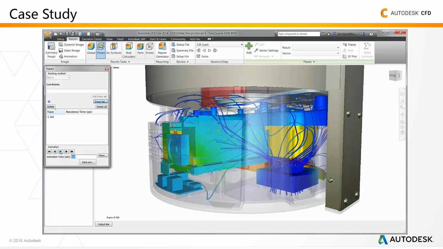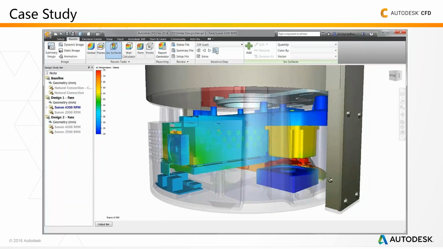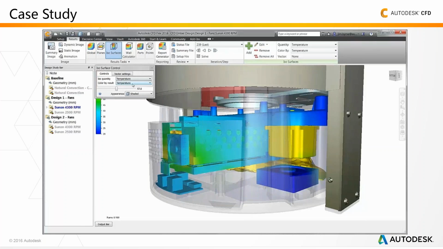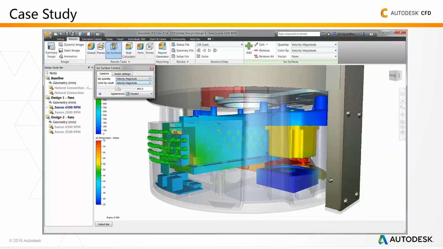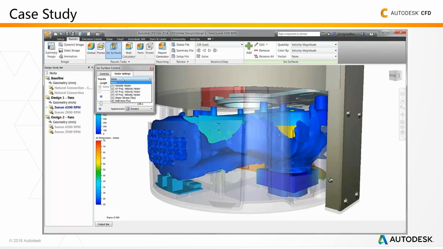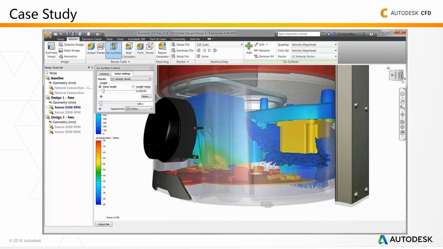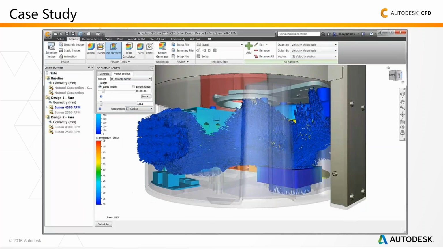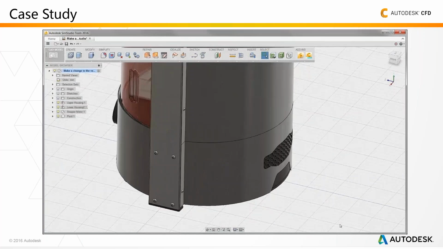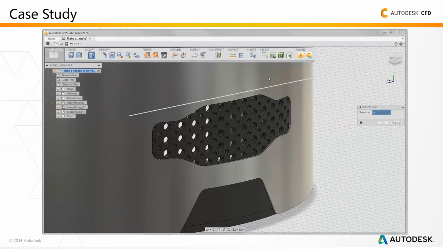And what you can see here is a trace animation of flow lines on the second design that includes fans. The first scenario there includes a fan running at 4,300 RPM.